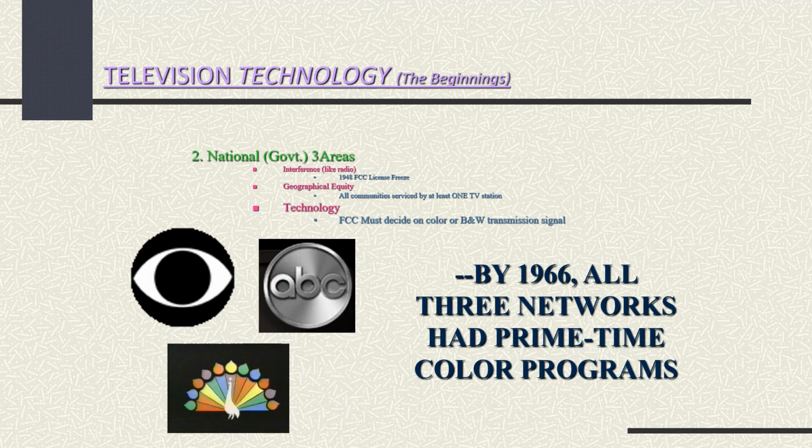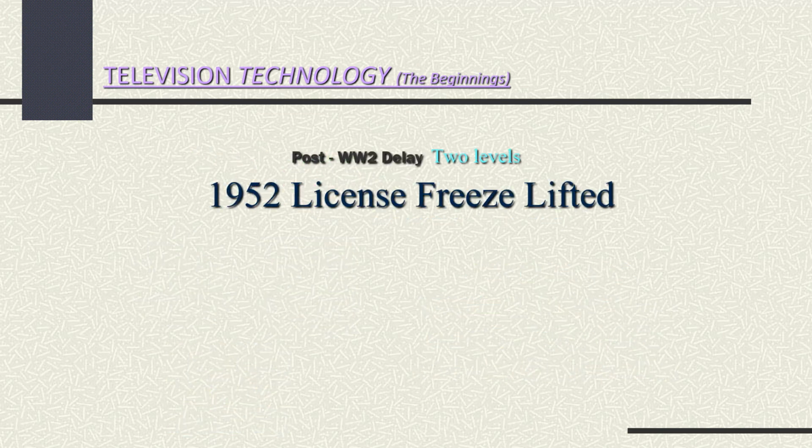By 1966, all three networks had color programs, and each had really its own way of informing the audience which of the programs were going to be in color versus black and white. By 1952, both the government and the networks have really kind of worked out their problems.